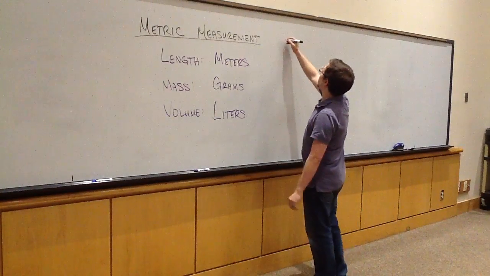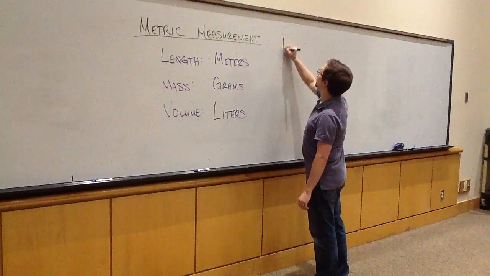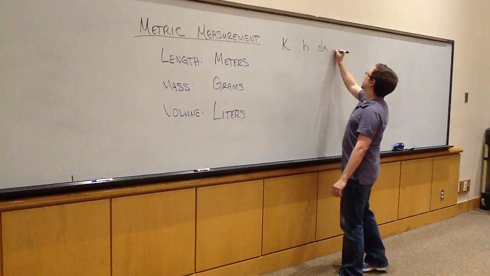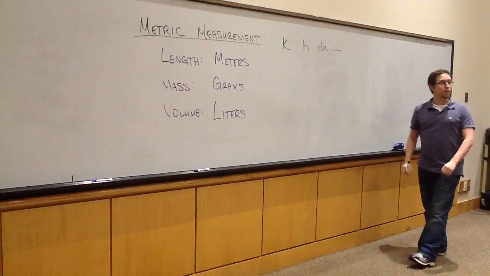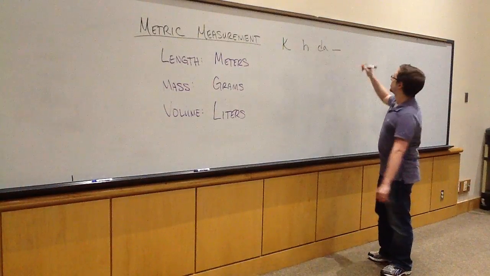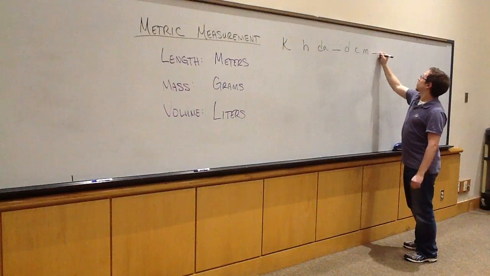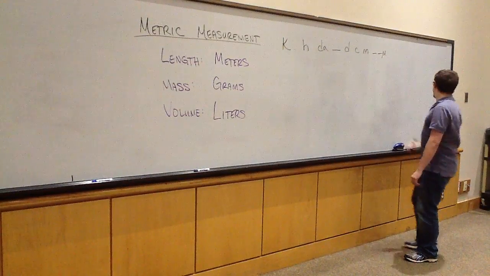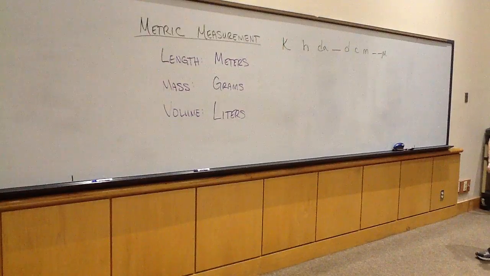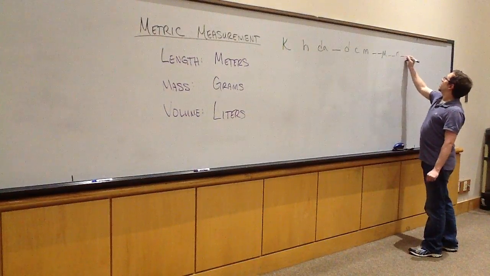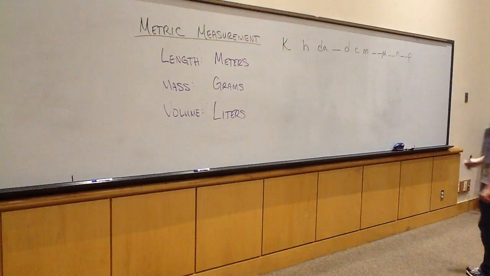So remember, those prefixes for the metric system of measurement are going to be K, H, DA. I'm going to put a blank here representing our base units of measurement. D, C, M, and I've got 2 more blanks, followed by that weird-looking M, which is micro, or mu. 2 more blanks, and an N, and then 2 more blanks, and a P. Okay?